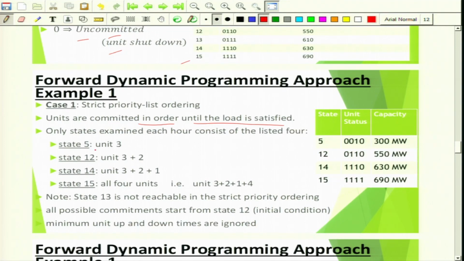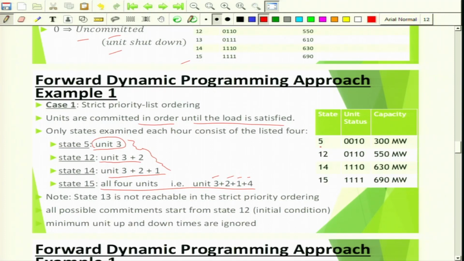Now state 5 is where you can see only unit 3, and state 12 means 3 plus 2, state 14 means 3 plus 2 plus 1. You can see here one generator keeps being added, and state 15 means all 4 generators are there, 3 plus 2 plus 1 plus 4.